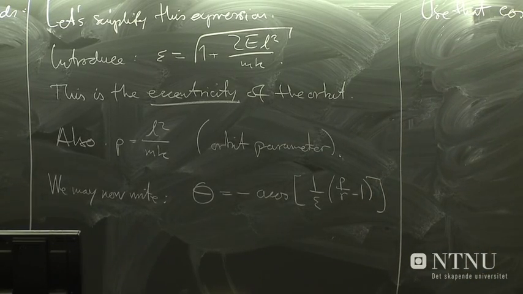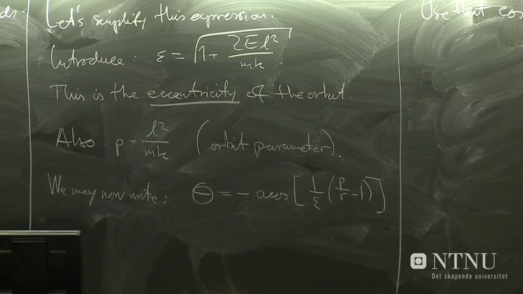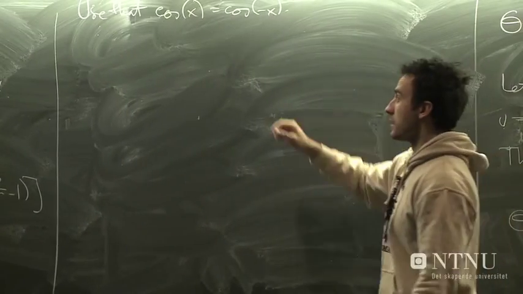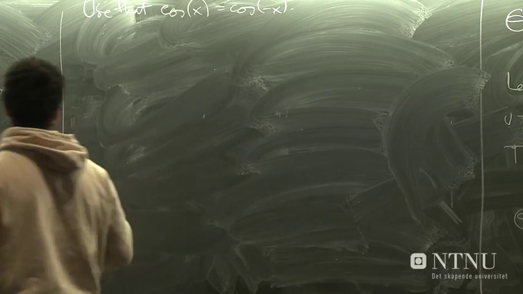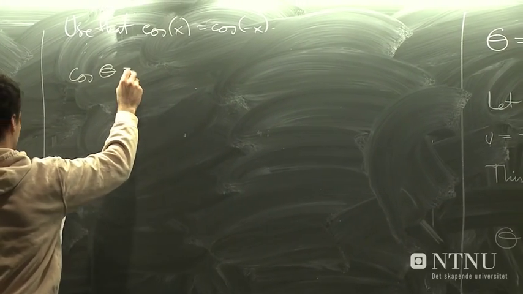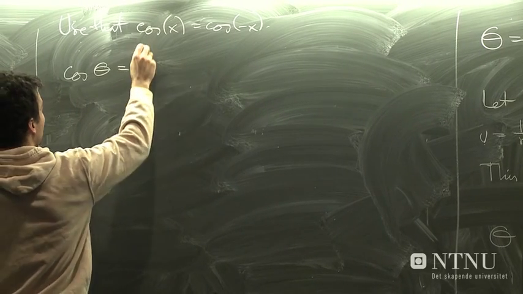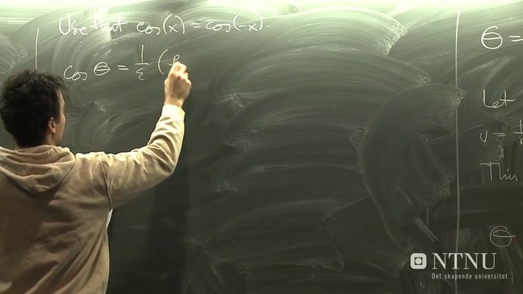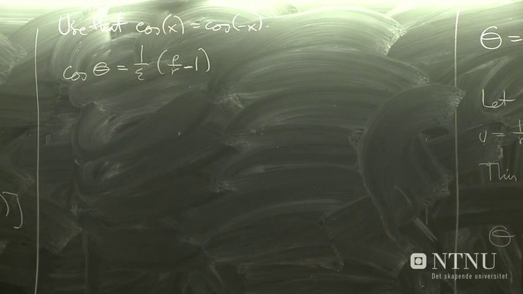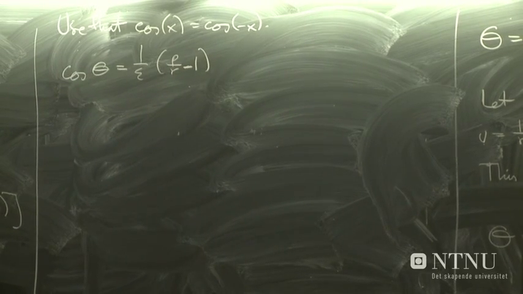If we now make use of the fact that cosine of some quantity is equal to cosine of minus that quantity, we get this by taking cosine on both sides.